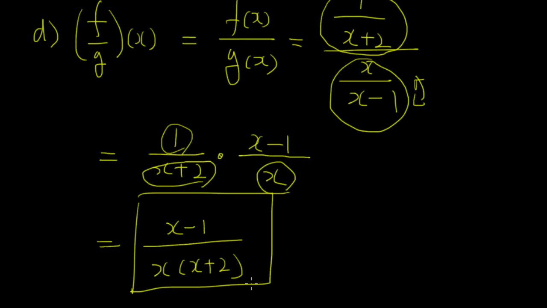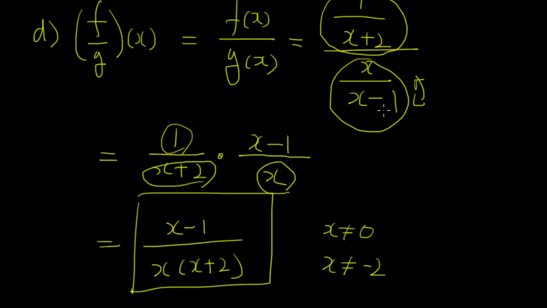Just like that. And of course, you have to say what values of x will make a denominator equal to 0. If you just check the last result, then x cannot be equal to 0, which will make this equal to 0. x cannot be equal to negative 2, which will make this equal to 0. But not just this, you have to see the whole thing.